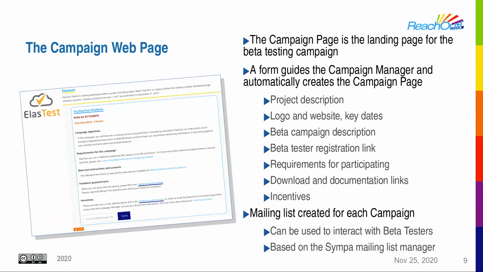And so through this campaign page, you fill in the form the necessary information, and then a public campaign page, a public campaign will be automatically generated, and also the associated questionnaire and a mailing list that goes together with it will be generated by ReachOut.